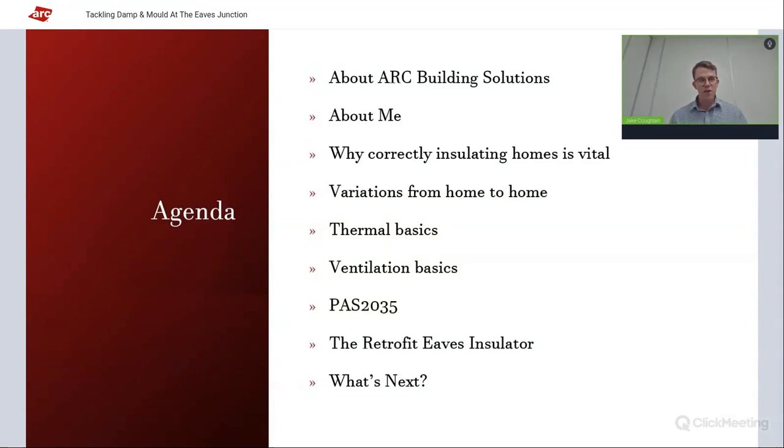I'll talk about how that is all relevant to PAS 2035 projects, and then why the Retrofit Eaves Insulator addresses all of those issues. So it's a long setup really for the conclusion of the Retrofit Eaves Insulator, and then literally two lines on what's next.